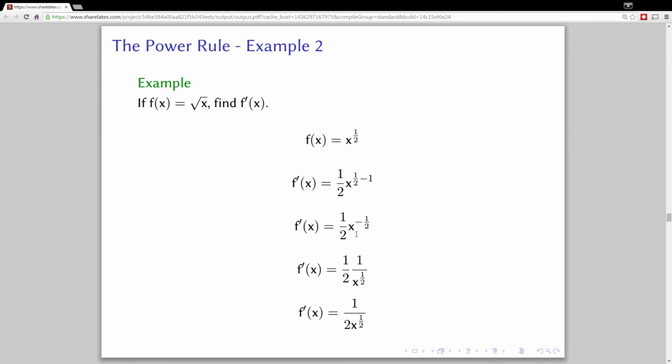This answer here would be fine, although sometimes you're going to have to simplify things more. So you should go ahead and practice getting rid of the negative exponents in the derivatives like this, so you'll be ready when the time comes later.